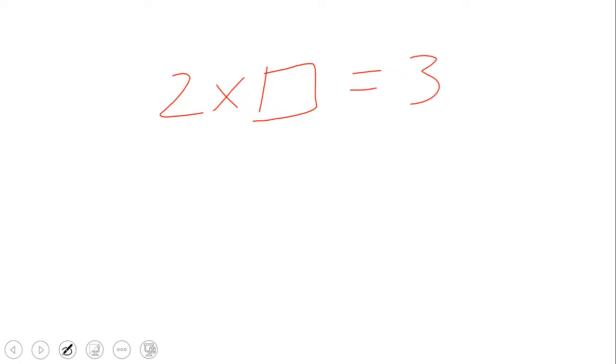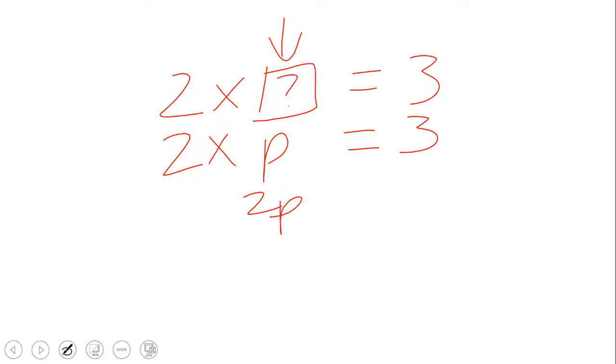Since we don't know what the answer is yet, we can always use a letter to represent a number that we don't know. So let's use P. So this is going to be 2P equals 3.